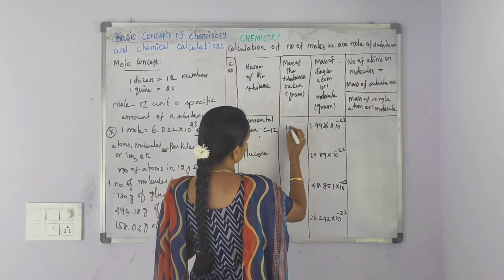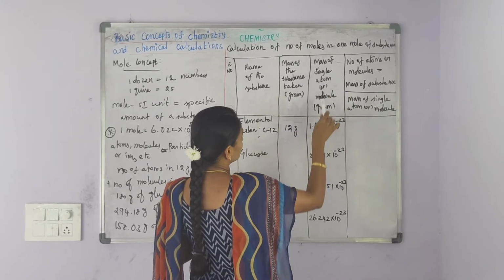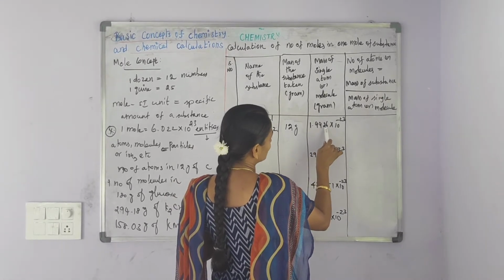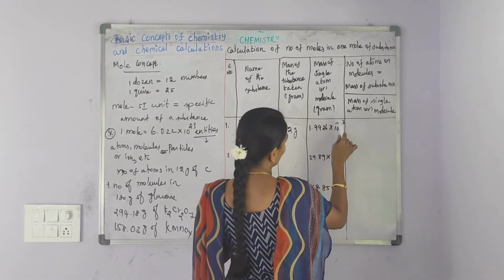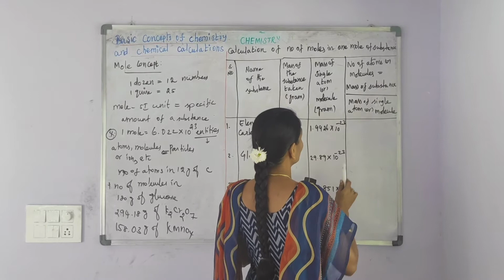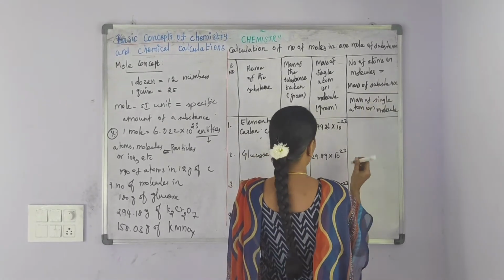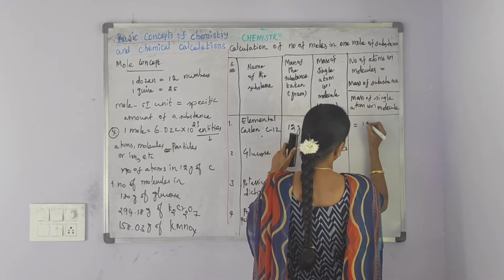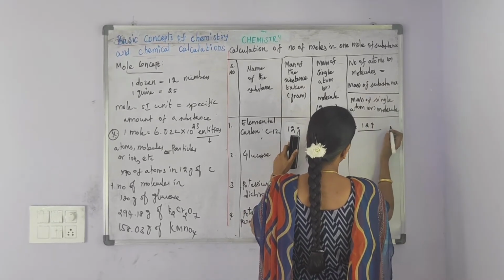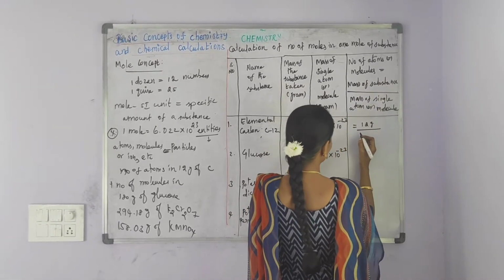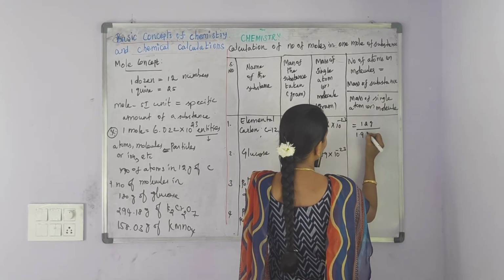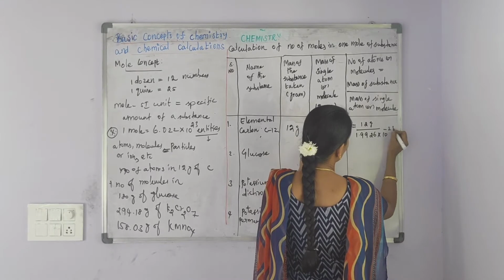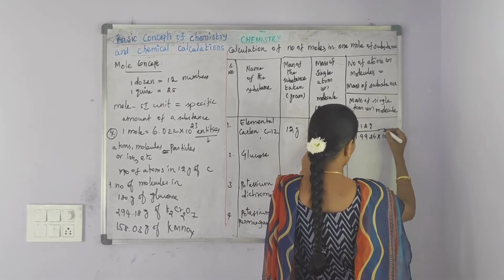First we will calculate the number of atoms present in elemental carbon, that is C12. Its mass is 12 gram. Mass of single carbon atom is 1.9926 into 10 power minus 23 gram. Now number of atoms is equal to mass of the substance, 12 gram, divided by mass of single atom, 1.9926 into 10 power minus 23 gram.